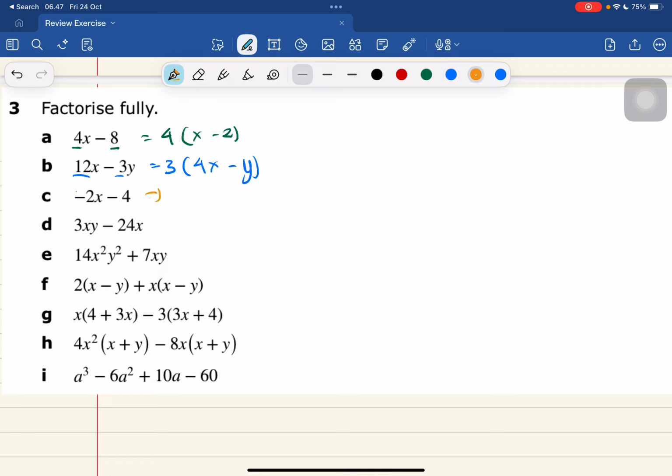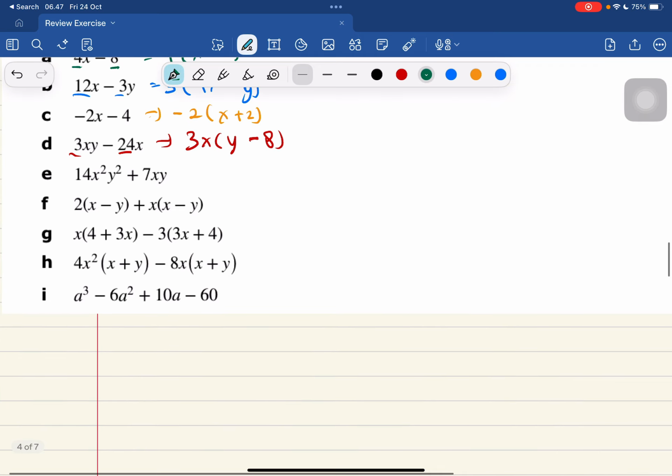Next, highest common factor of minus 2 and minus 4. We can write it as minus 2, and then x plus 2. Next, 3 and 24. The highest common factor is 3, and then the letter is x. So this is y minus 3x times what number to make 24x, which is 8.